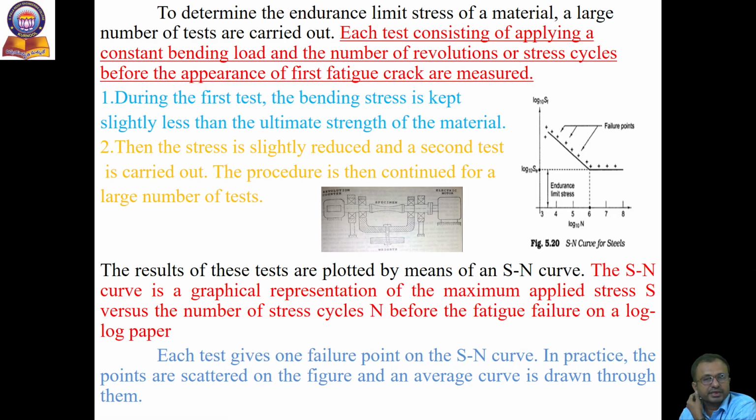Now, how do we do the procedure? To determine the endurance limit of a material, a large number of tests are carried out. Each test consists of applying a constant bending load, and the number of revolutions or stress cycles before the appearance of the first crack is measured.